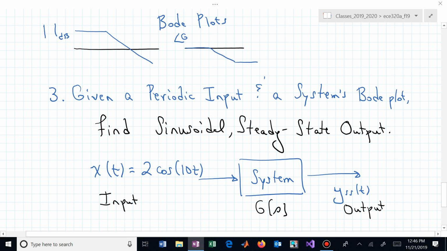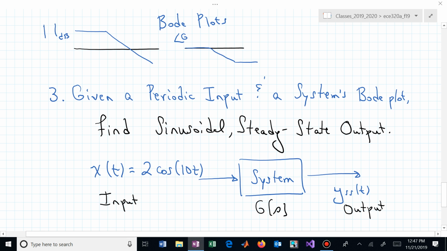Is it going to go to 0? It's going to shake. And how will it shake? With exactly the same frequency as the input frequency. So you'll see in the output something at 10 radians per second. And in the steady state, that's what the SS means. In the sinusoidal steady state, your amplitude will be influenced by G as well as your angle.